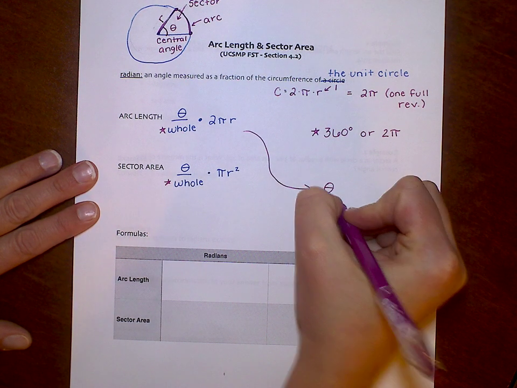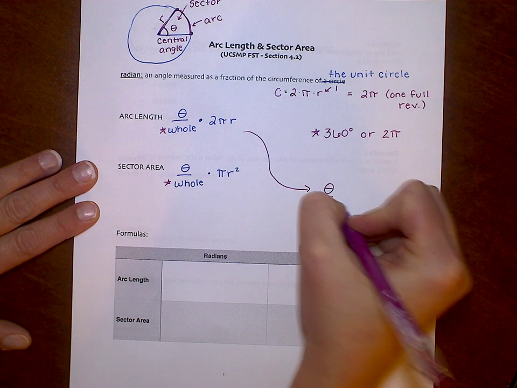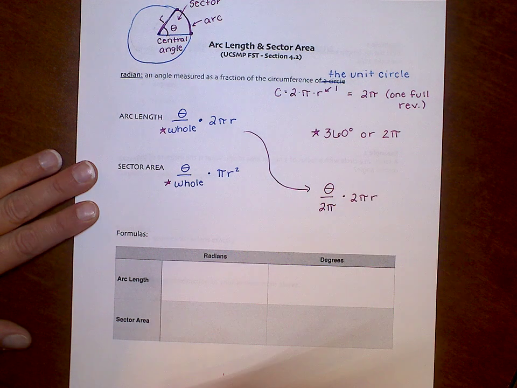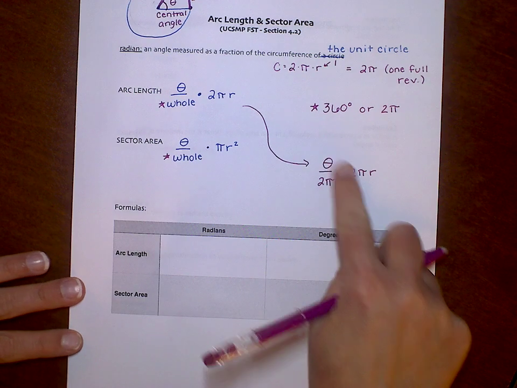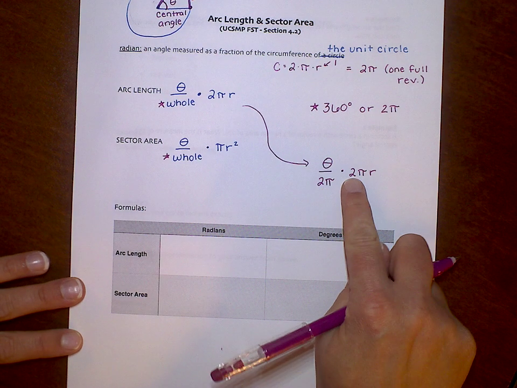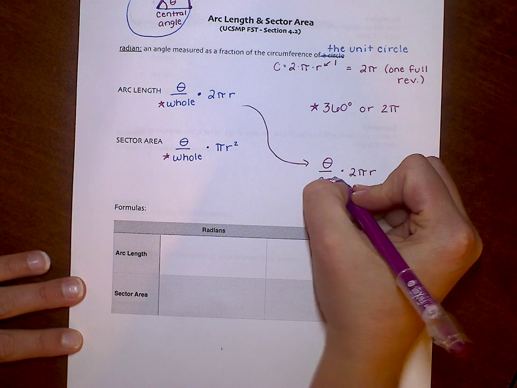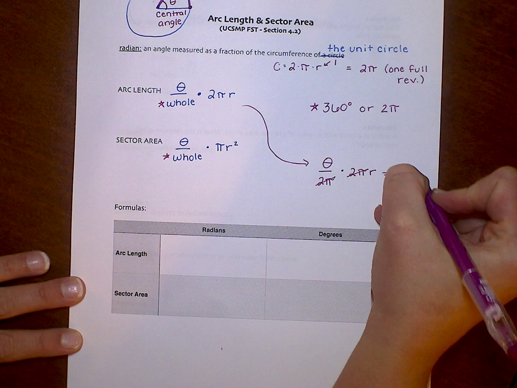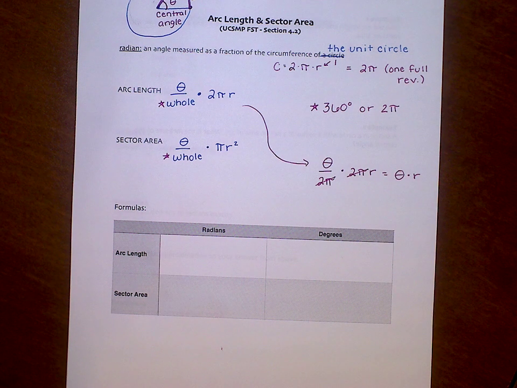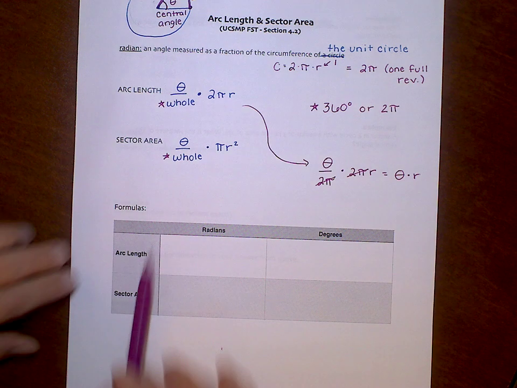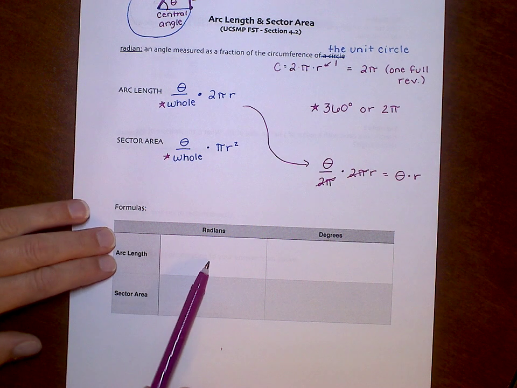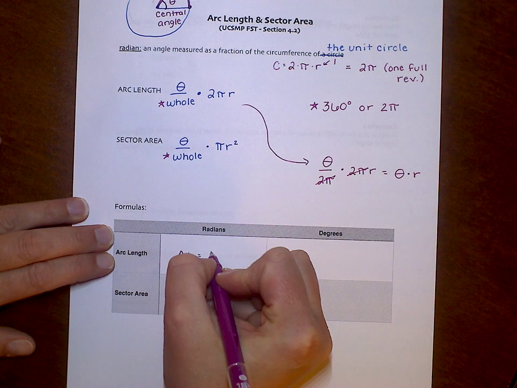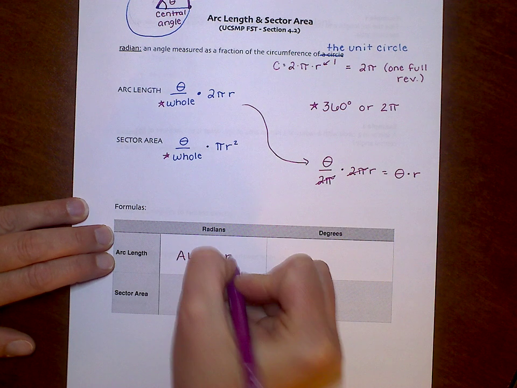If the whole circle is 2 pi, and then I multiply by 2 times pi times the radius, this fraction, with a 2 pi on the bottom, those two things are going to cancel out, and you'll be left with just theta times radius. Okay? And so that would be arc length when we're living in the land of radians. The arc length is equal to just theta times radius.